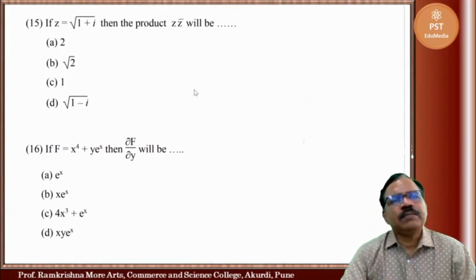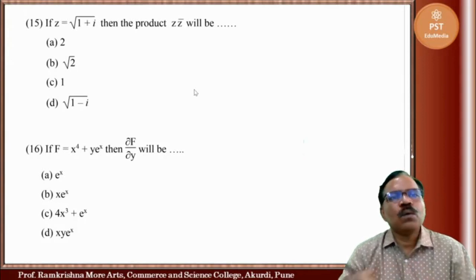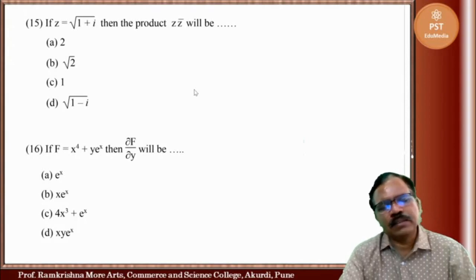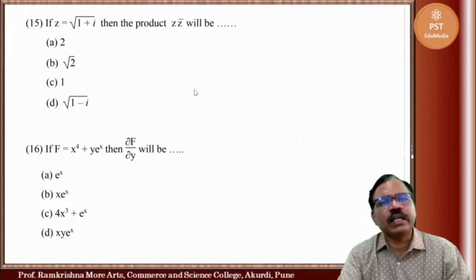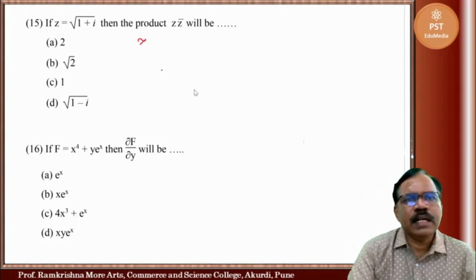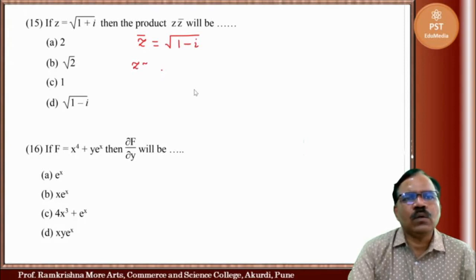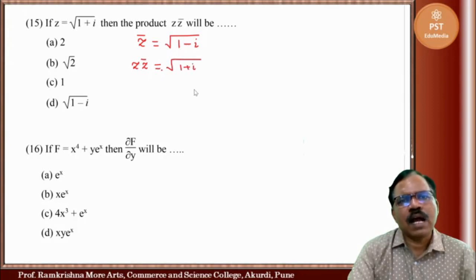Now next one, if z is equal to root of 1 plus i, then product z into z bar will be, z bar is the complex conjugate. Now if z is a complex number, then we get the complex conjugate by replacing i by minus i. So here z bar will be equal to root of 1 minus i. So z into z bar is equal to root of 1 plus i into root of 1 minus i.